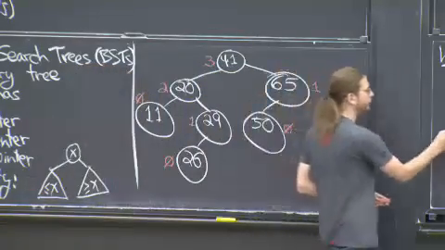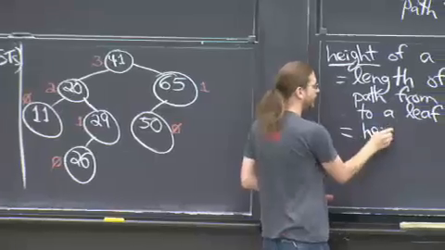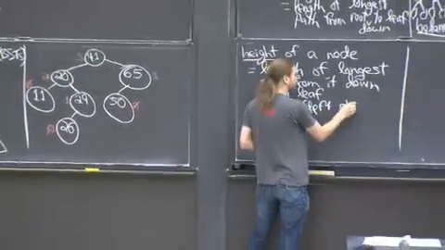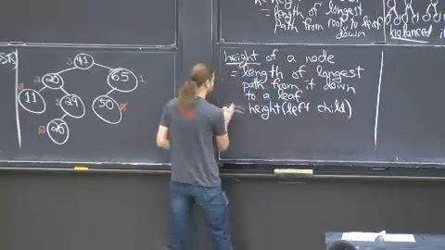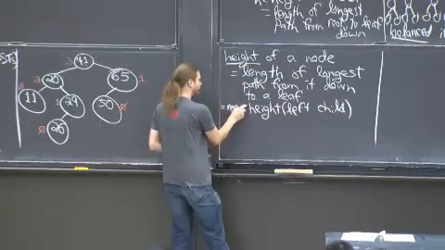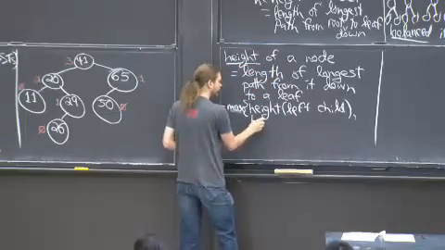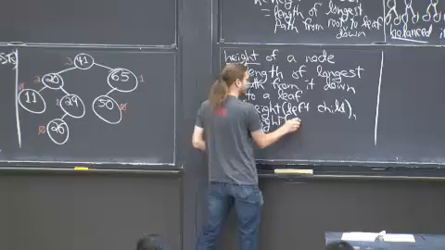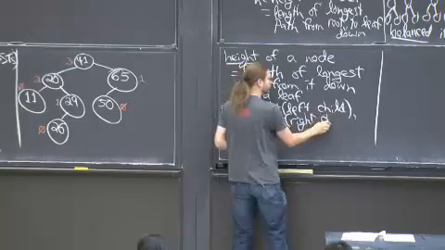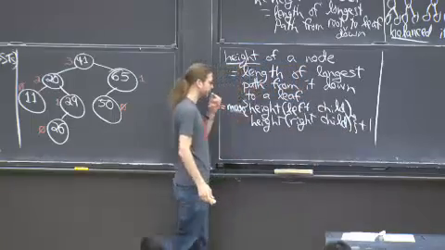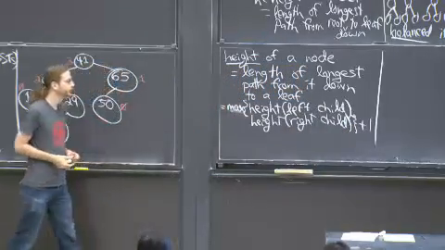So this is just a formula: the height of the left child maxed with the height of the right child, plus 1.